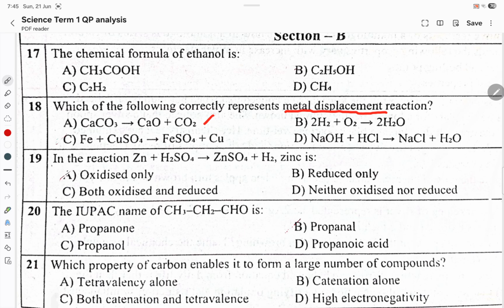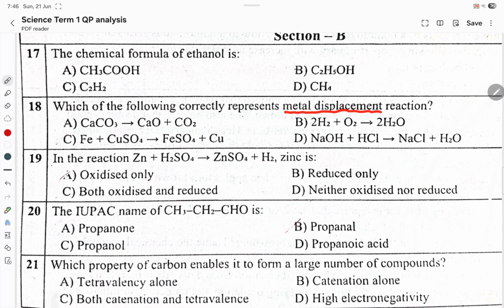The second one is the formation of water, the third one is a reaction between iron and copper sulfate solution, and the fourth one is a reaction of acid and base, a neutralization reaction. Now the question for us is, what is the metal displacement reaction?